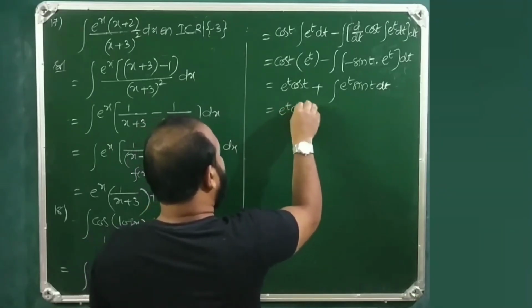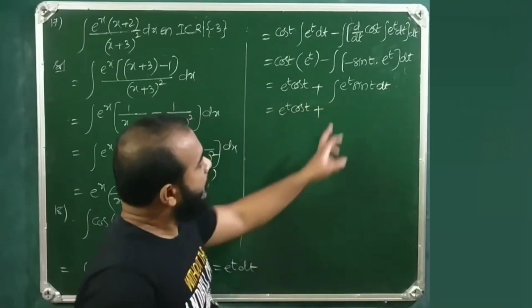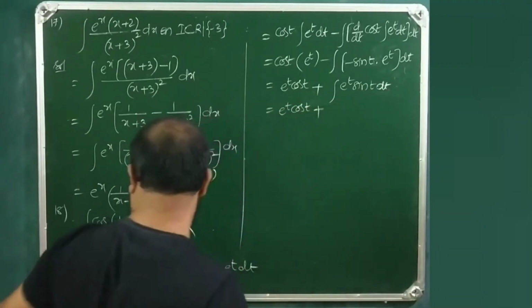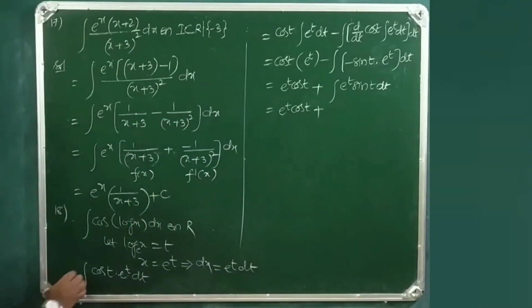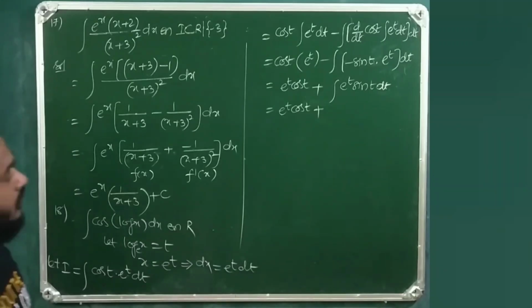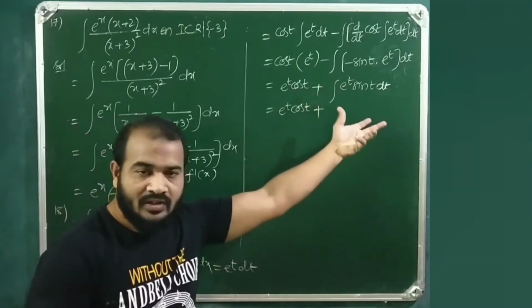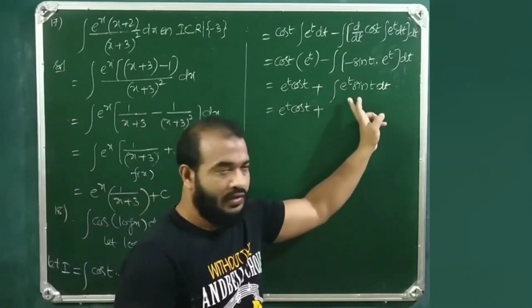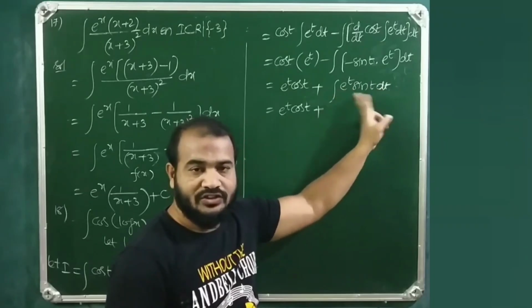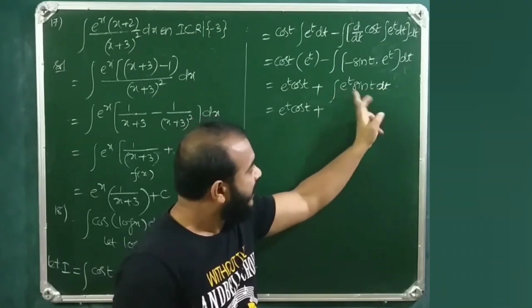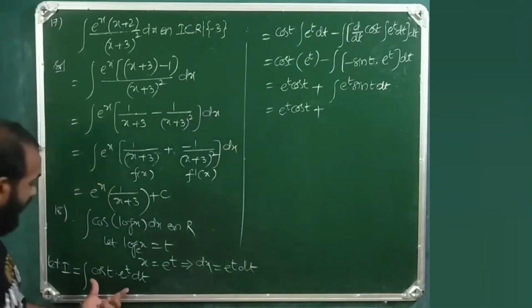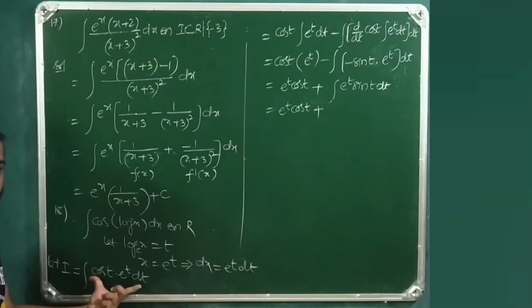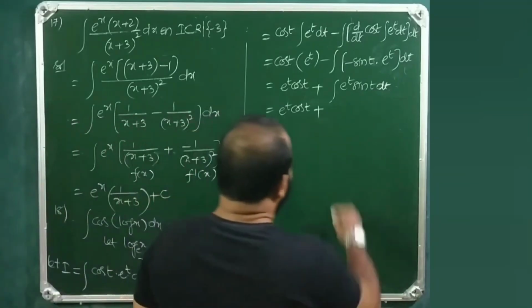So e power t into cos t plus, again a product of two functions has arisen. Let us take the original integral as I, because if you apply the product rule again, the sine becomes cosine and we are going to get the same thing again.